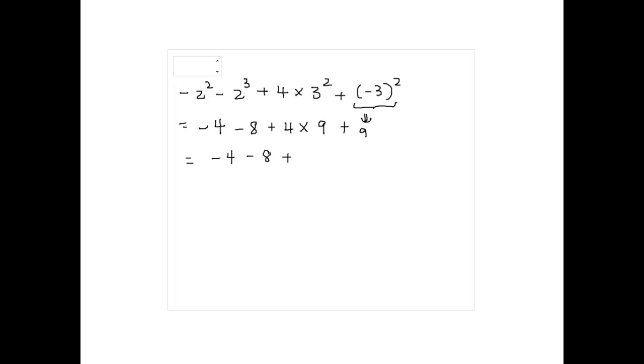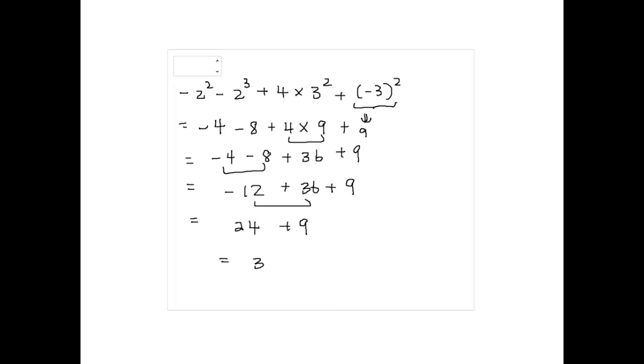Negative 4 minus 8 plus 4 times 9, which is 36, plus 9. Negative 4 minus 8 is negative 12, and by adding 36 plus 9, we have 24 plus 9. The answer is 33.